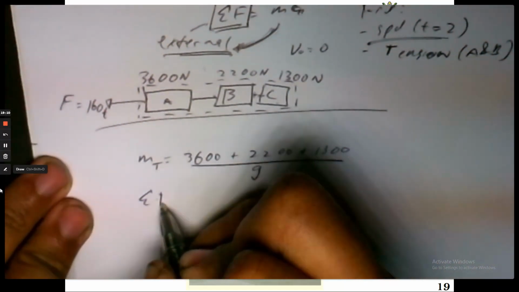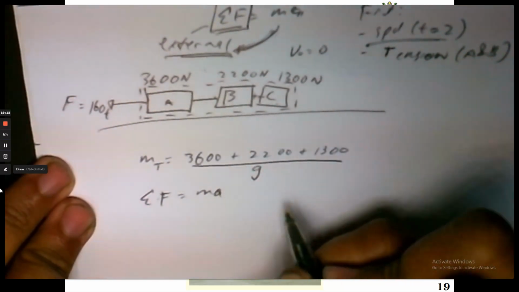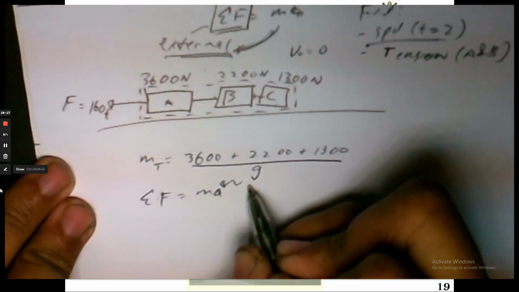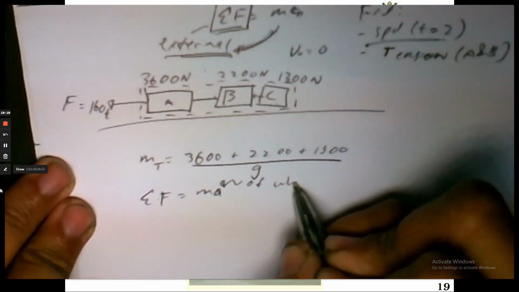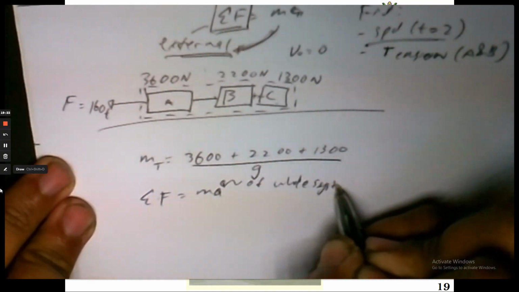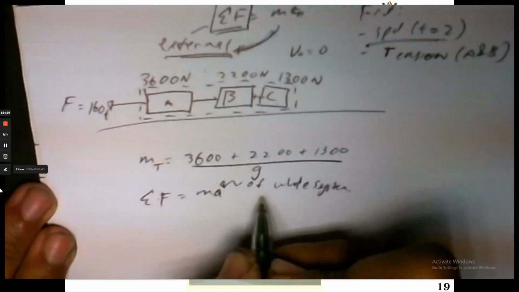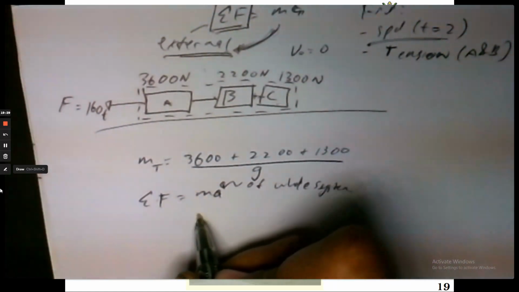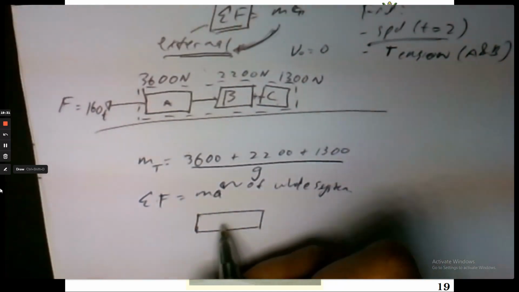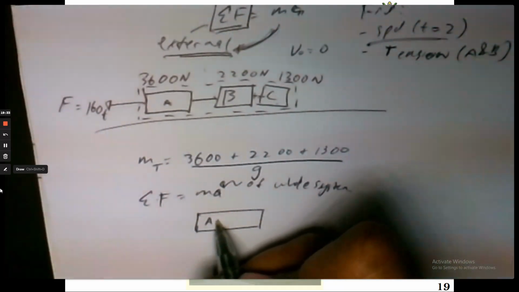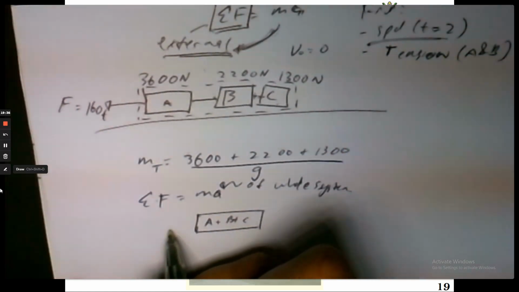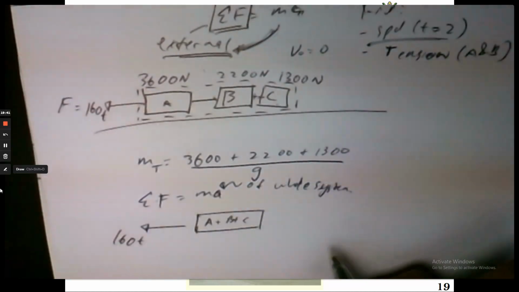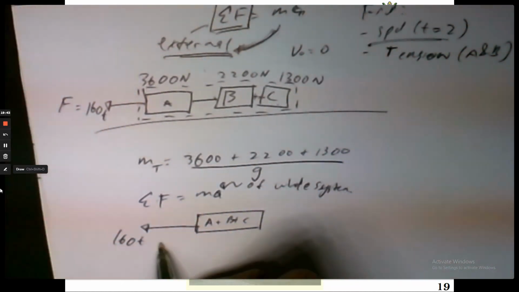So F equals ma, and we need to find the speed at t equals 2. So let's find the acceleration of the whole system. In this case we have to do the free body diagram. This is A plus B plus C, and the external force is 160 t to the left.